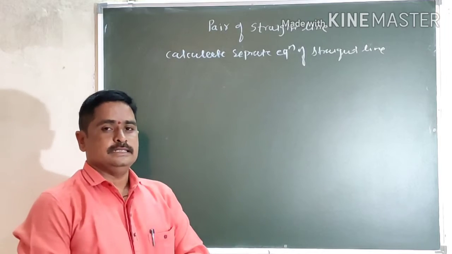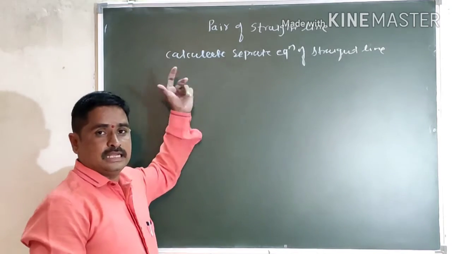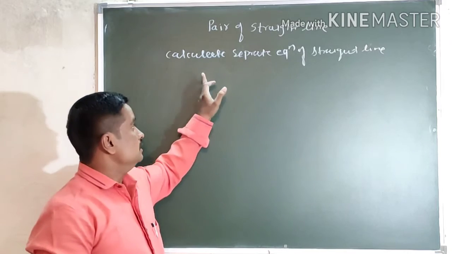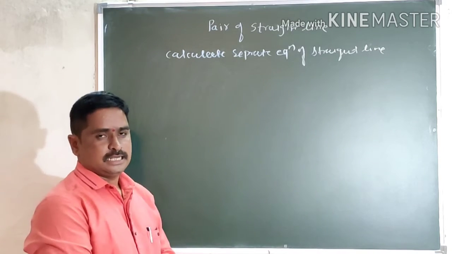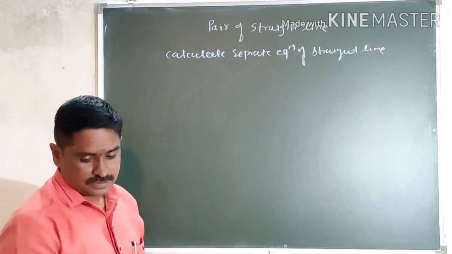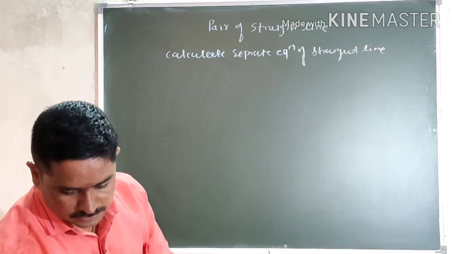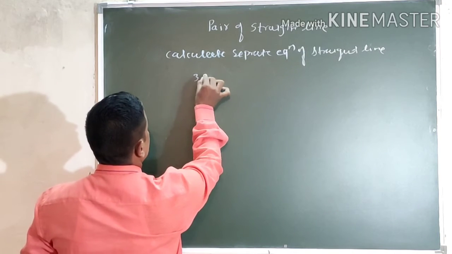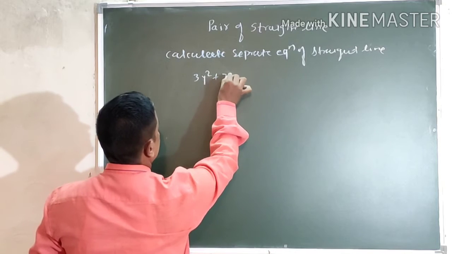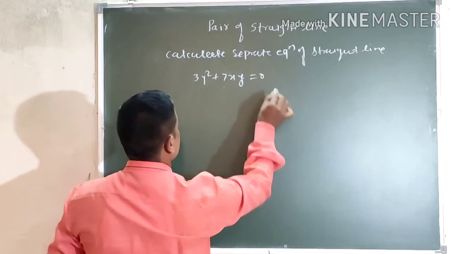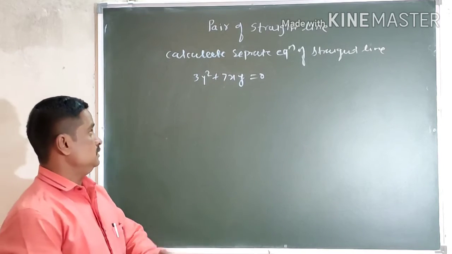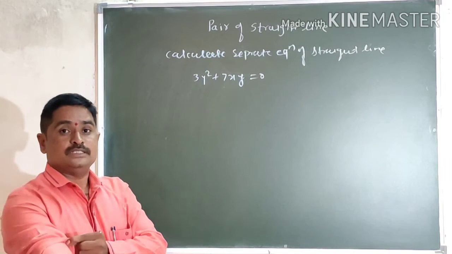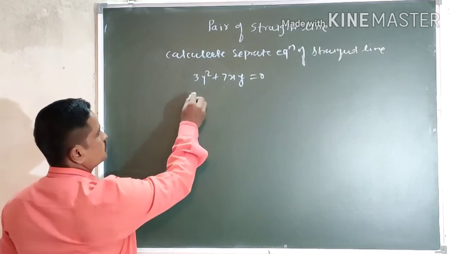That means if we are given the combined equation of straight lines, then we can calculate the separate equations of the straight lines. So consider an example: 3y square plus 7xy equals 0. It is a combined equation of a pair of straight lines, and we have to find the separate equations of the straight lines.